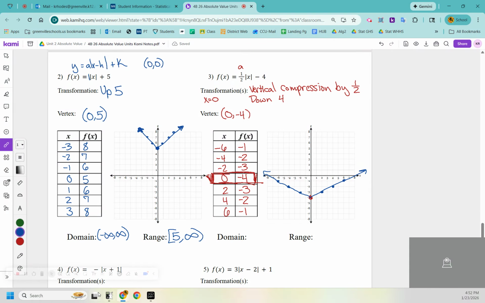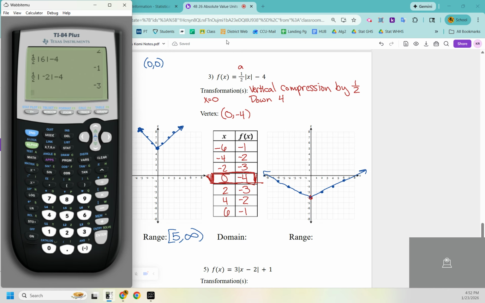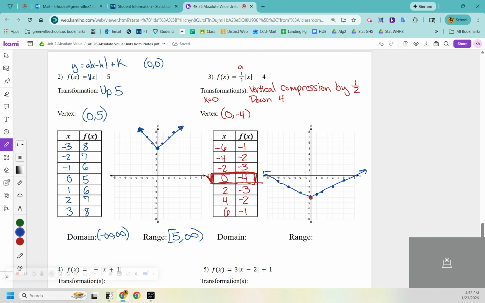Now, like I said, if you did choose to use 1, that is fine. I plugged in 1 and got -3.5. That's this point. That's fine. You can do that. See, it's already there.